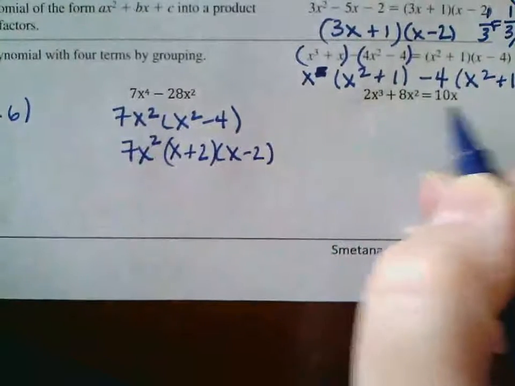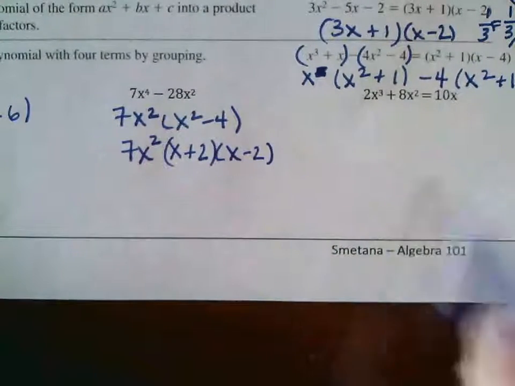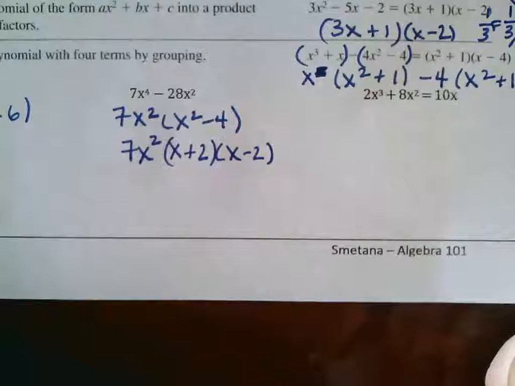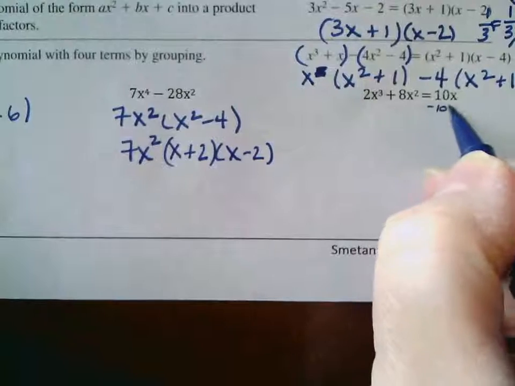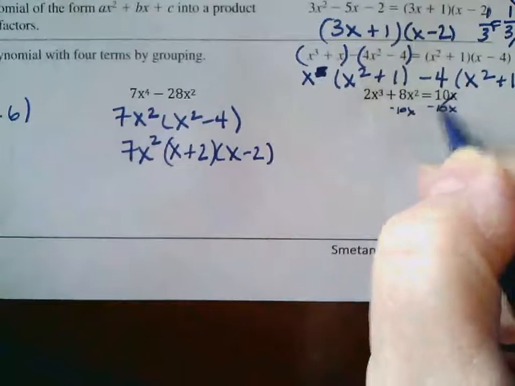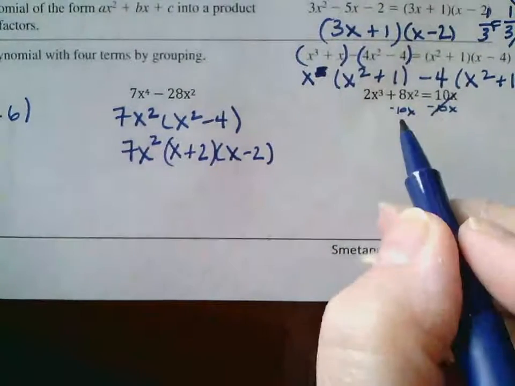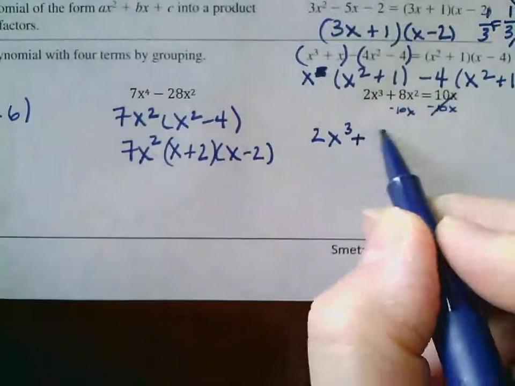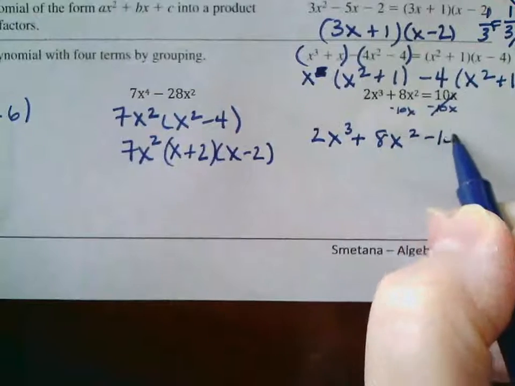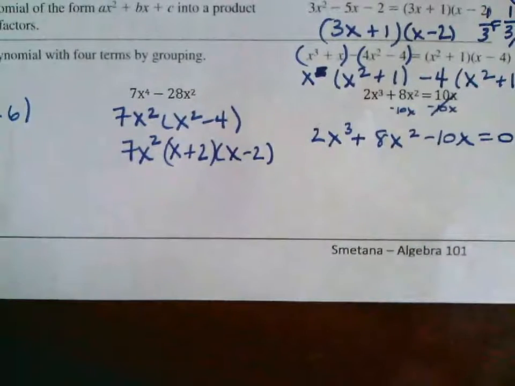This one's a little different. You actually have to make this equal to 0, or put everything over to one side of the equation, before you can go ahead and factor anything. So we're going to subtract this 10x from both sides. Over here it cancels and becomes 0. Over here we just add it to our problem. So 2x cubed plus 8x squared minus 10x equals 0.